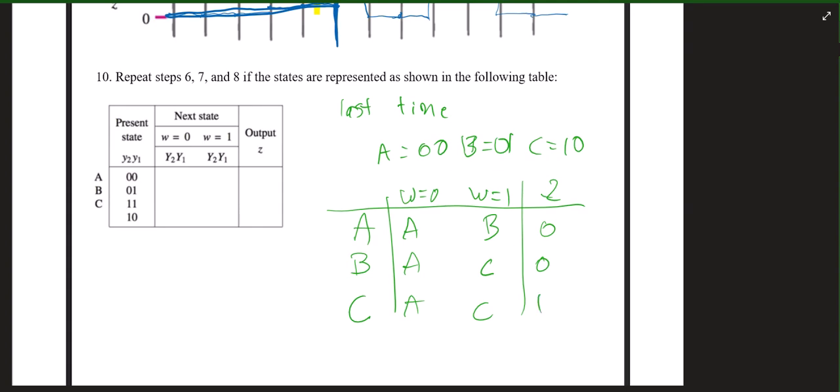Our Z is going to be the same, and the row that we're not using will be don't cares. Now we're going to replace all of the A's with 0, 0, the B with 0, 1, and the two C's with 1, 1.